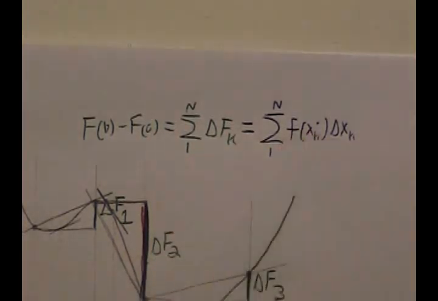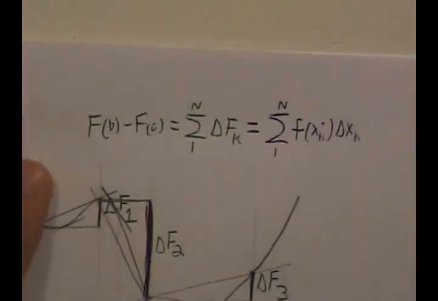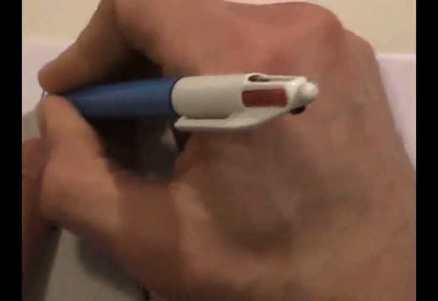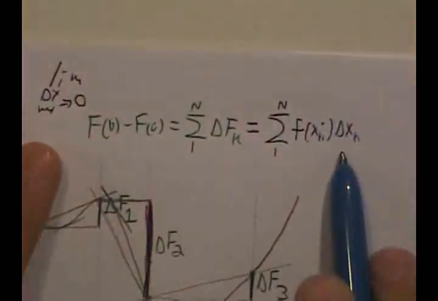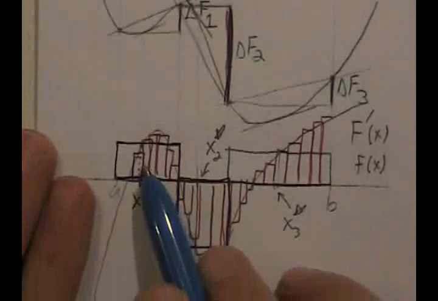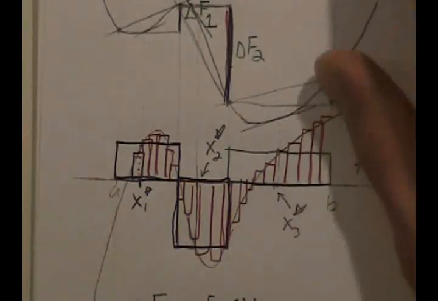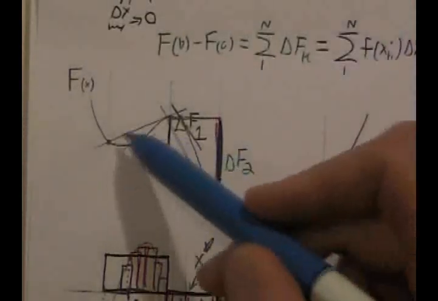So what we would do is, for all three of these, we would take the limit as delta x max approaches 0, meaning that we would drive this thing to 0, exhausting all the area underneath here, right? Filling this thing with rectangles, and at the same time getting an infinite number of these changes in f's, right?